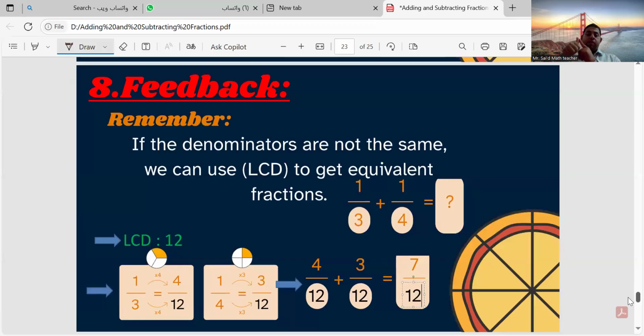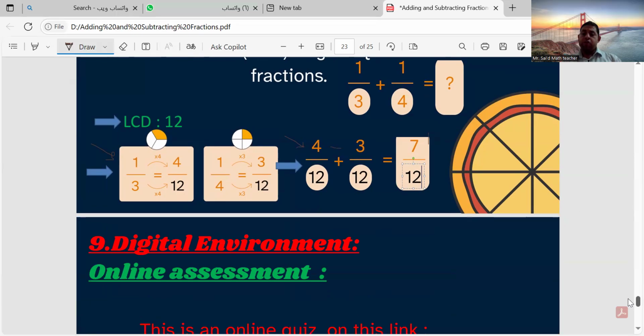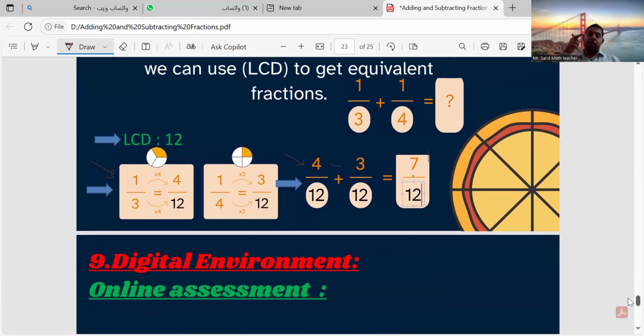First, we get the LCD. Second, we get equivalent fractions. Then we can add them easily. The same in subtraction. And in this question, subtraction, it will be 4 minus 3 equals 1 over 12. It's very easy, I think. I hope you understand now addition and subtraction of unlike fractions.